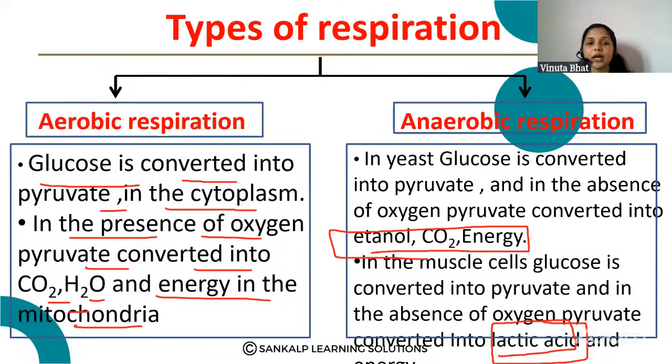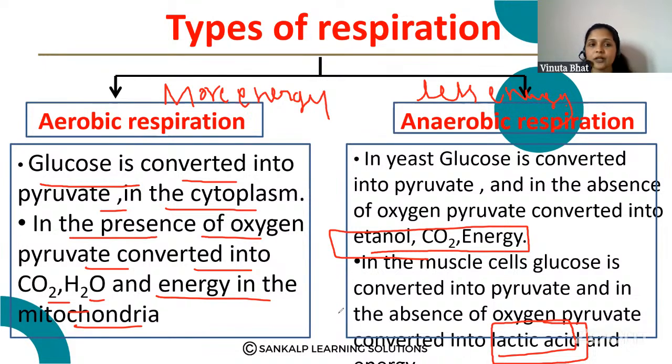In aerobic respiration, more energy is released compared to anaerobic respiration, where less energy is released. Aerobic respiration takes place in the presence of oxygen. Anaerobic respiration takes place in the absence of oxygen. Here more energy is released compared to anaerobic respiration, and here less energy is released.